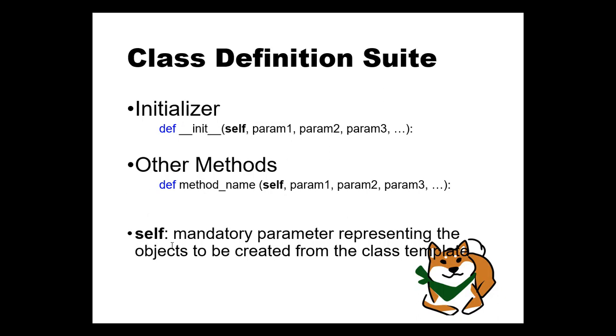The self is a mandatory parameter representing the objects to be created from the class template. I will give you an example later on what this means. And you can follow the self by any number of parameters that you need. For other methods, the syntax is very similar, except you can use any names.